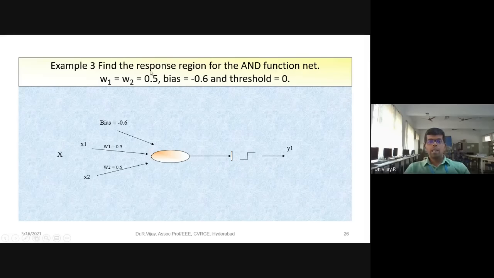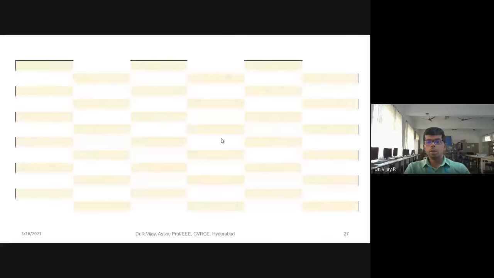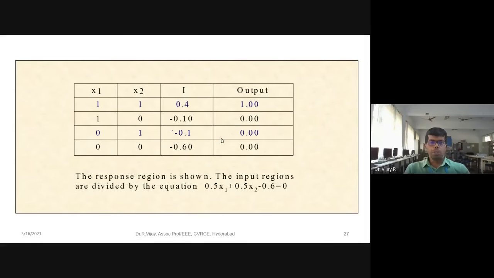Okay, same like that in example 3 also. You have to find the response for the AND function with the weights W1 and W2 as 0.5, and the bias is given as minus 0.6. The threshold is 0 here. So you can take down the simple problem over here and calculate what the output is.